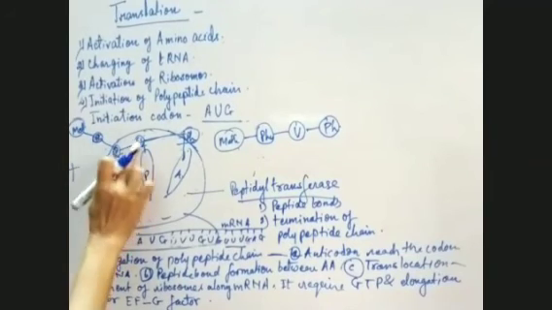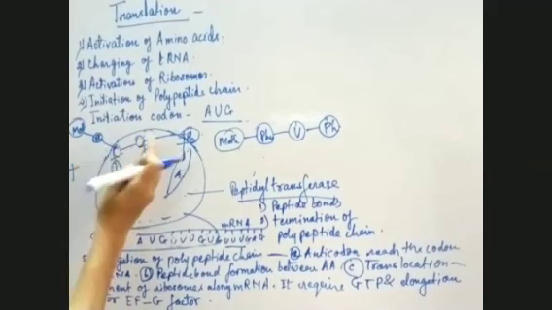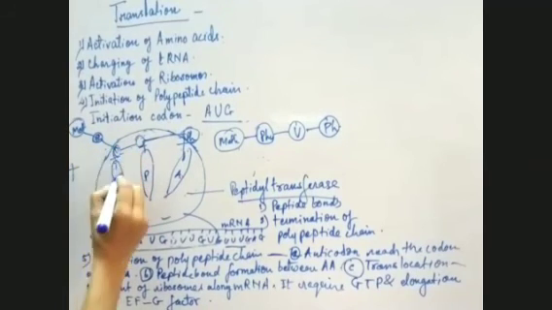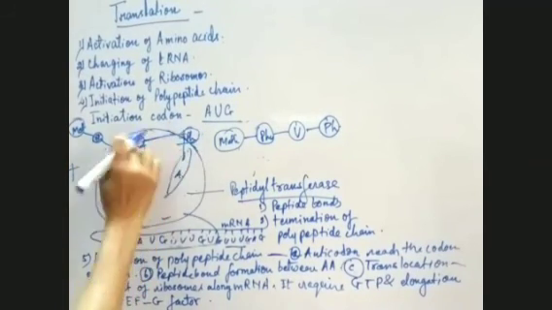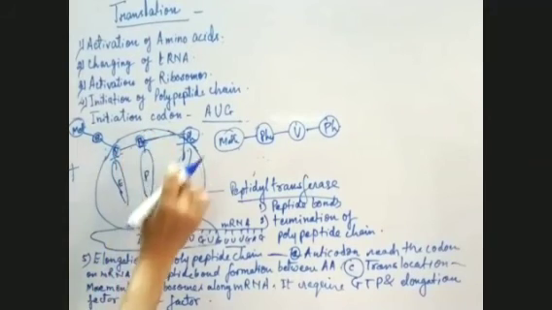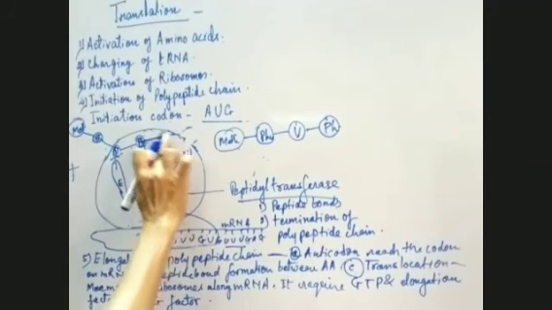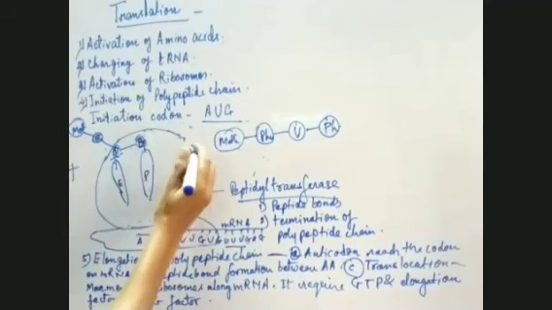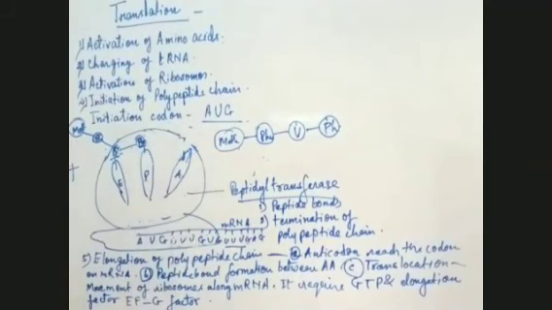Phenylalanine will move out. And this V will come, shift to the E side. Okay, and this phenylalanine has shifted here, and again it is empty to receive another amino acid. This is again empty to receive another amino acid. So the next amino acid will be received, and this way elongation of the peptide chain will take place.